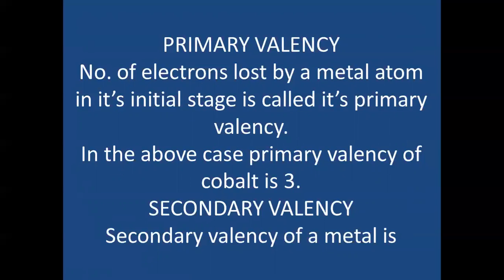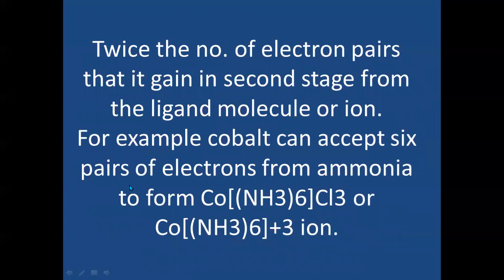We have another valency called secondary valency. What is secondary valency? The secondary valency of a metal is twice the number of electron pairs that it gained from the ligand in the second stage. In the first stage, the metal atom loses electrons. In the second stage, it gains electrons. In the first stage, it can lose any number of electrons, 1, 2, 3 like that.